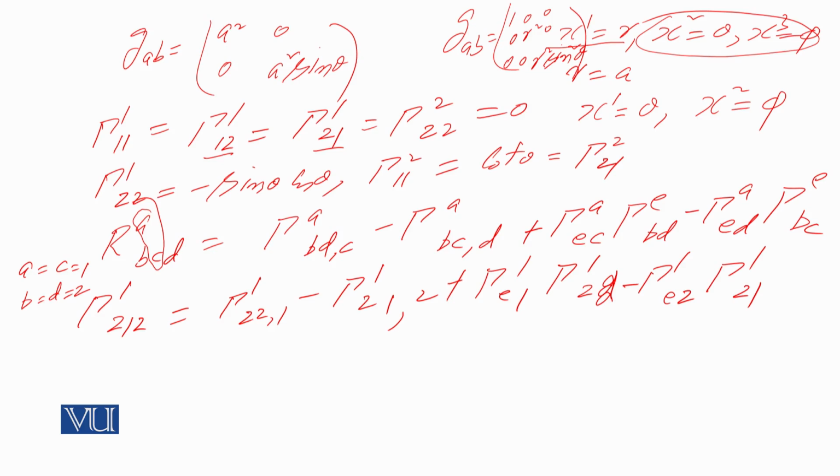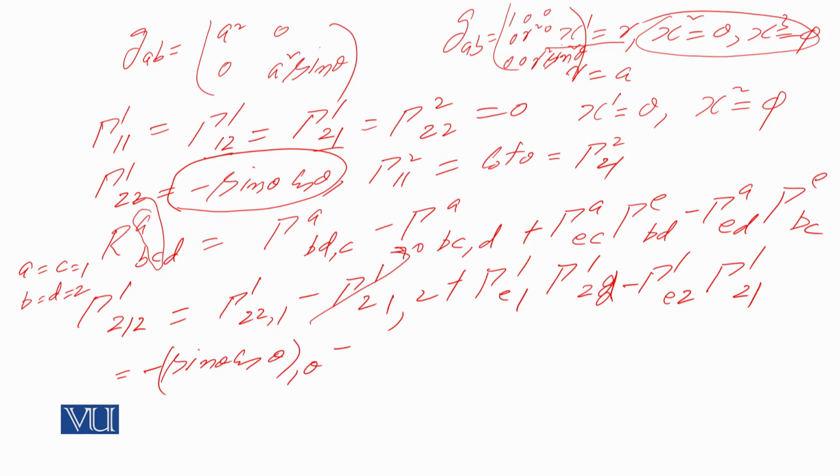1 means theta. So we can differentiate it with respect to theta: minus sine theta cos theta with respect to theta, minus Γ^1_21,2, which is 0. So this will be 0.